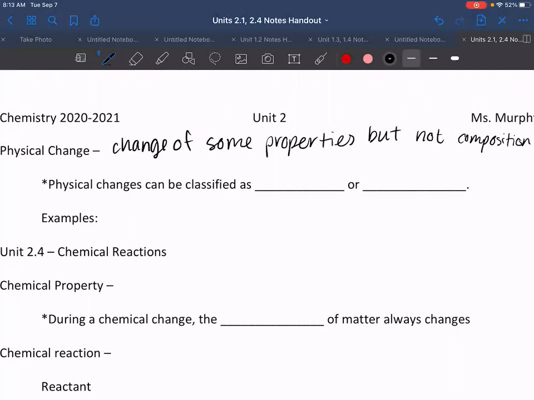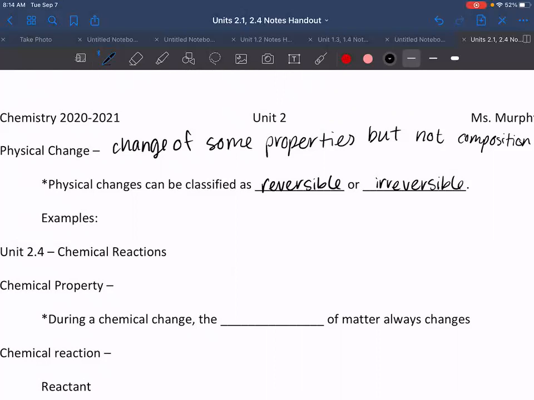Now we have this idea that physical changes can be classified as two things, reversible or irreversible. What's a reversible change? Do any of you still have old-fashioned ice cube trays, where your fridge doesn't do it for you? You put your liquid in, freeze it, it becomes solid, and then you use that solid ice cube, which eventually melts to make your drink cold.